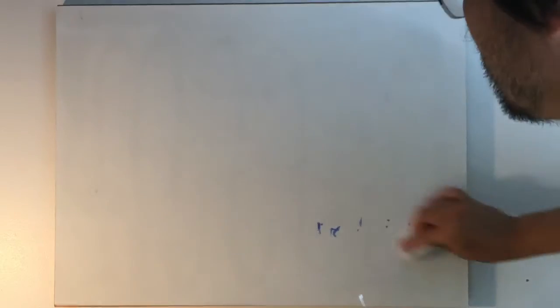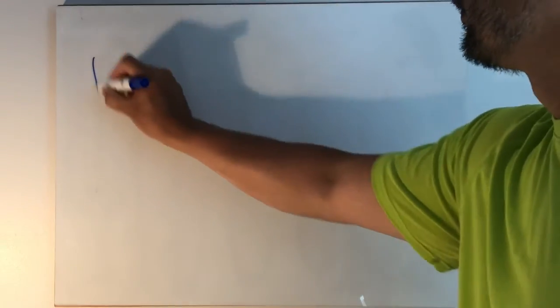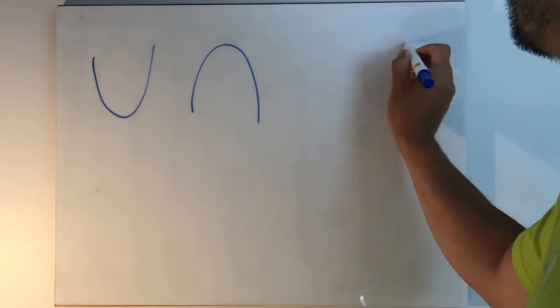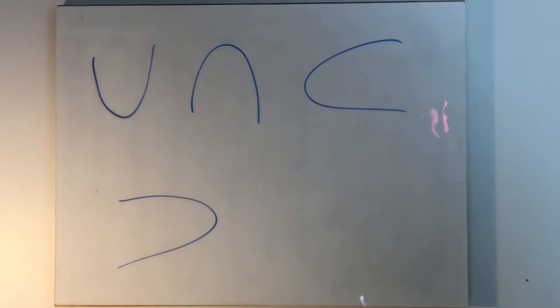And then the last thing I want to introduce to you today is the concept of a new type of formula. We know we have 4 possibilities, so those are our 4 possible parabolas.